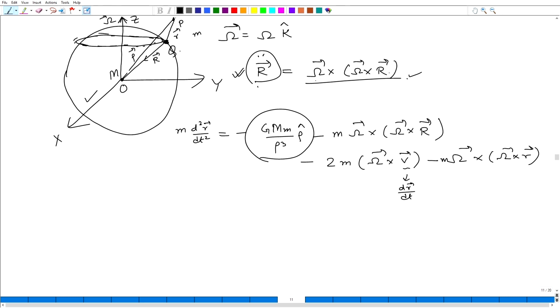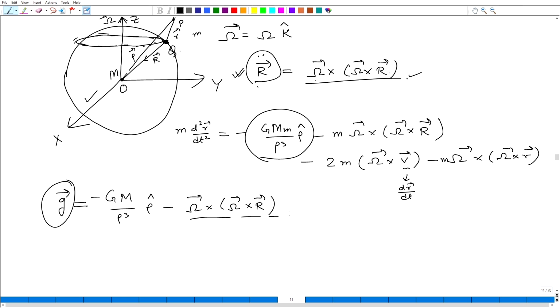So, if you simply think that my effective gravitational acceleration of the particle P with respect to the observer sitting on the surface of earth is given by g, I can write g should be minus GM by rho cube rho cap minus omega cross r, because this is a constant term.